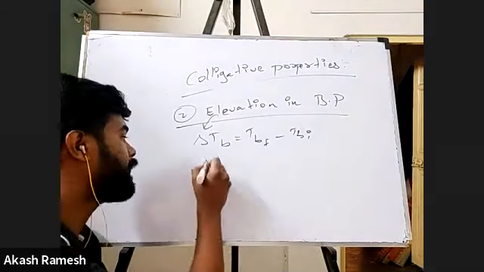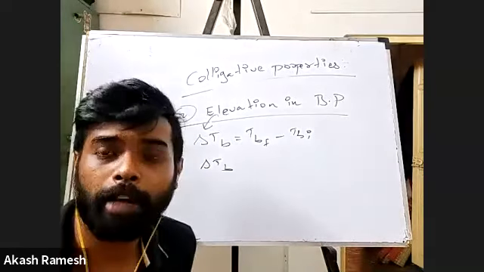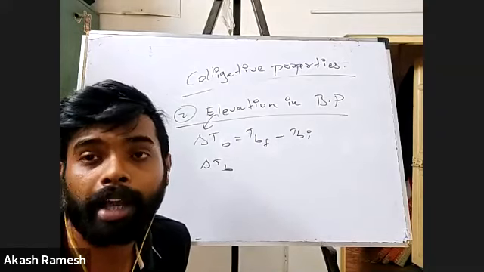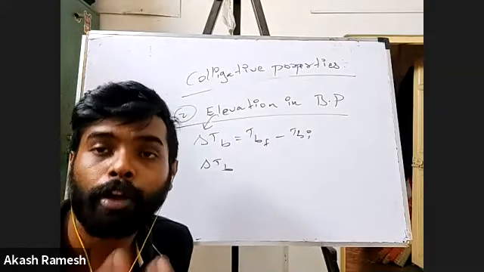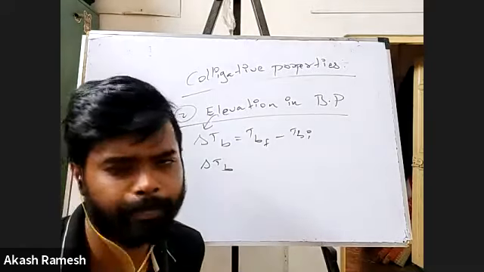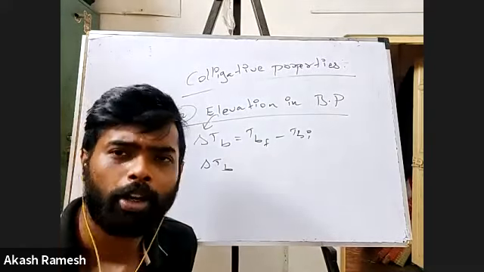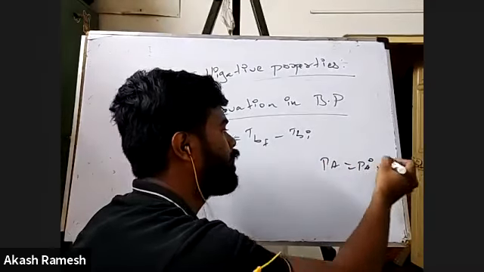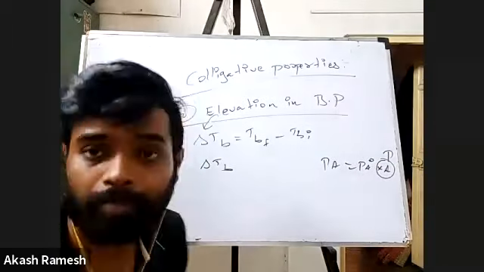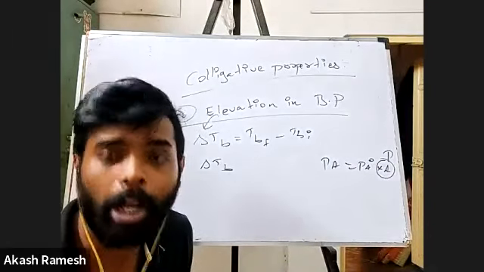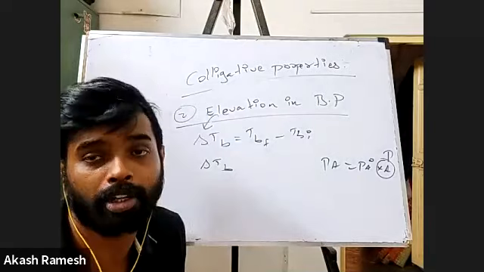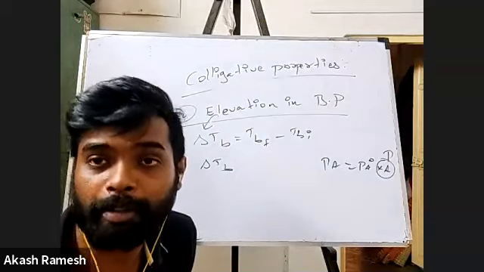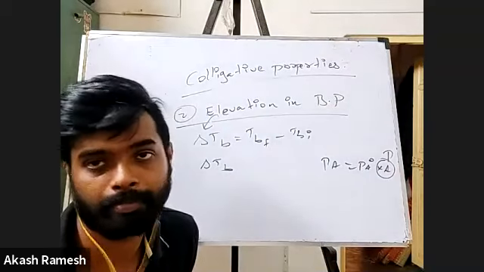Okay, fine. So this delta TB, right? The elevation in boiling point will be higher and higher if more and more solute is getting added. Obviously, is it not? You can easily say that PA will be equal to PA naught XA. So the more solute getting added, the more the decrease in vapor pressure, and the more temperature I have to supply for making the vapor pressure equal to the atmospheric pressure, right?